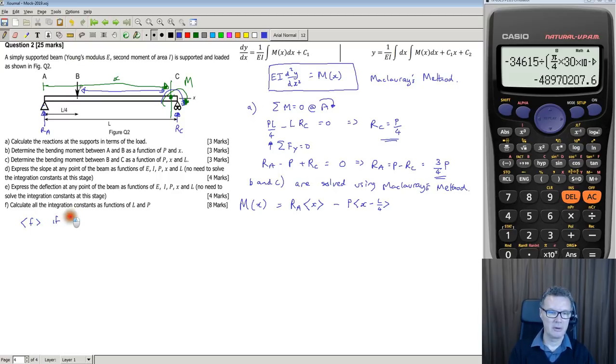If f is less than 0, therefore the bracket equals 0. If f is greater than 0, then the bracket will equal whatever the value of the bracket is. So that's the Macaulay's method rule.